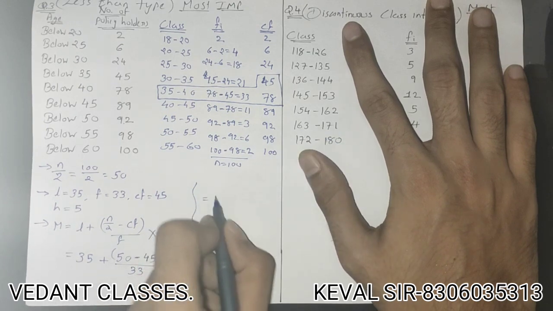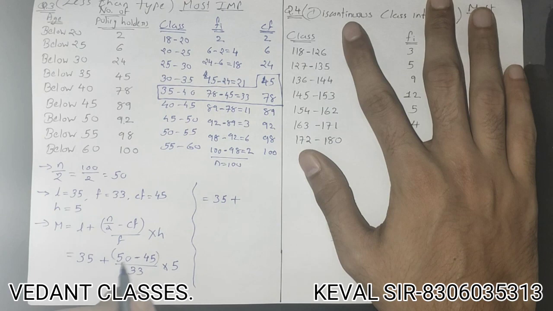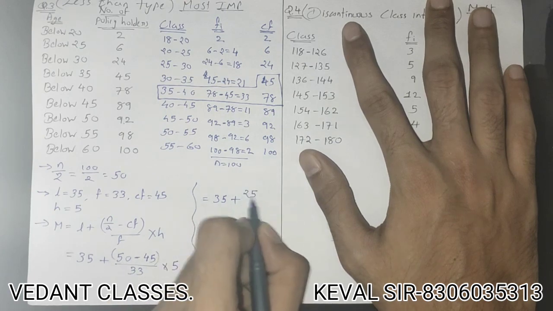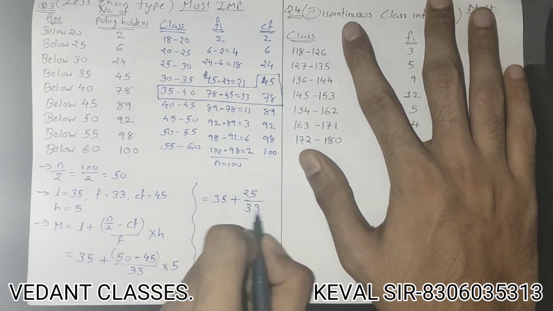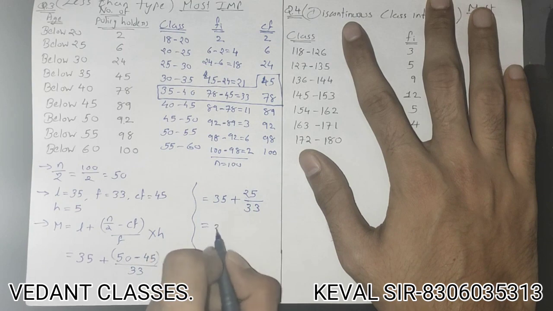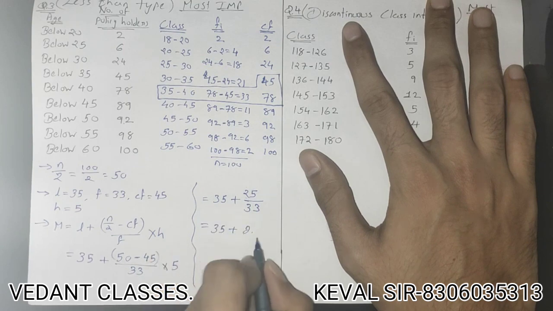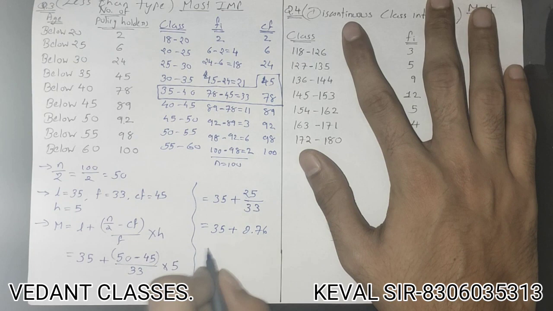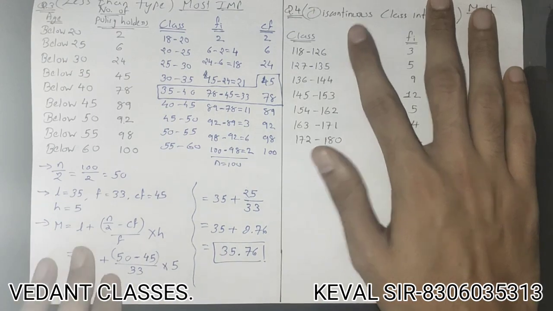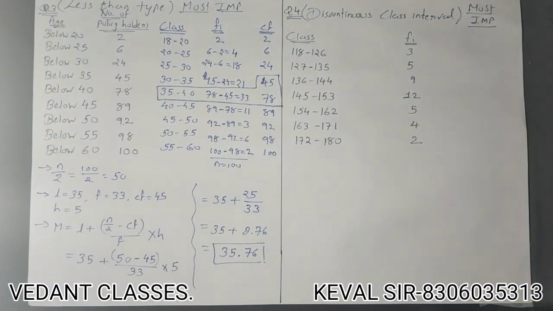This will be 35 plus 5 into 5, so this will be 25 upon 33. Dividing these two values we get 0.76. So adding these two values we will get the answer 35.76. So this is our median. Okay, so for less than type, you can calculate the median like this.